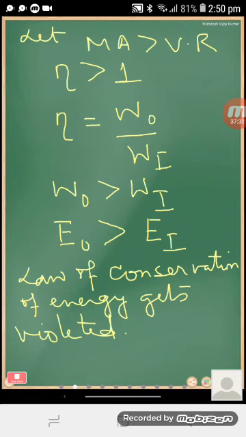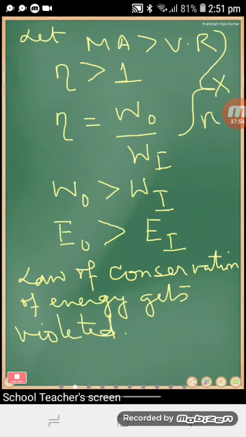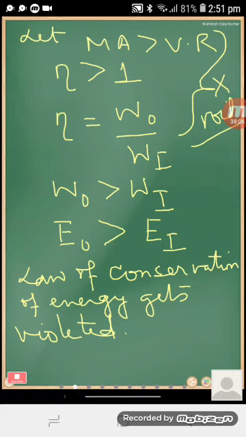Because energy output can never be greater than energy input. Energy output greater than energy input means that some energy is being created from within the machine, which cannot take place. So I hope this condition stands void. We cannot have a condition where mechanical advantage is greater than the velocity ratio. So I hope this is clear to all of you.